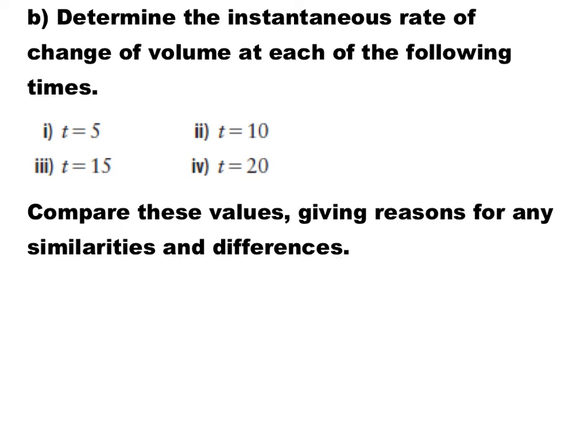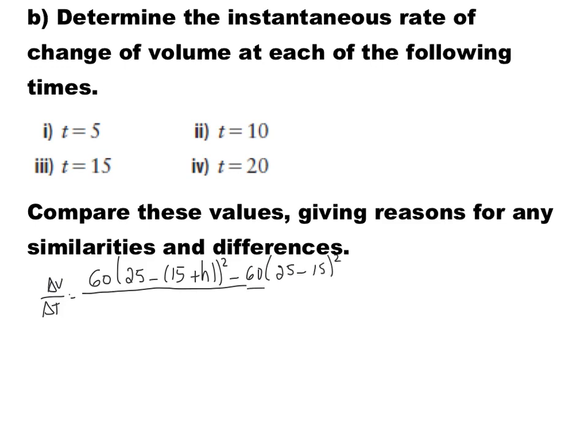The next part of the question says, find the instantaneous rate of change at 15 minutes. So again, delta V over delta t is 60 times (25 minus (15 plus h)) squared, minus 60 times (25 minus 15) squared, over h.